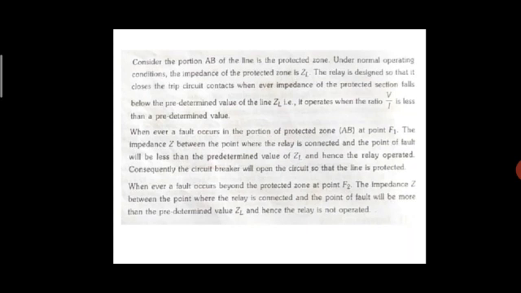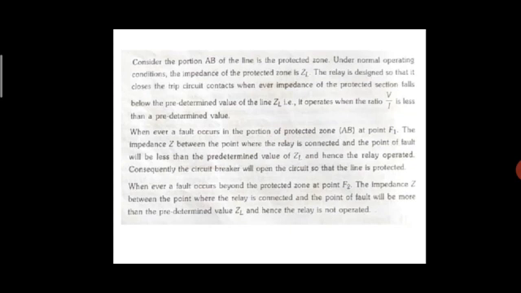The relay is designed so that it closes the trip circuit contacts whenever impedance of the protected section falls below the predetermined value of the line ZL. It operates when the ratio V by I is less than a predetermined value.